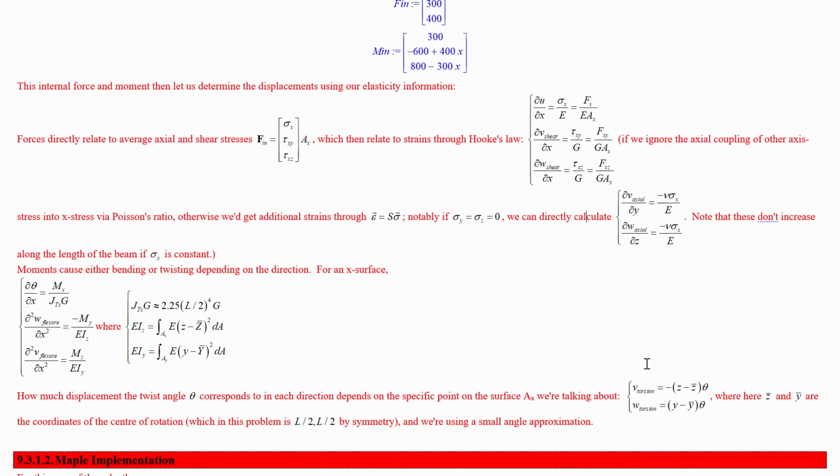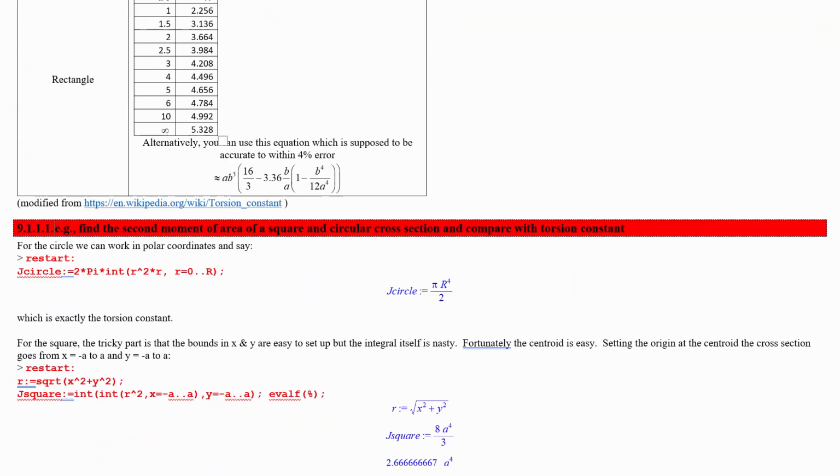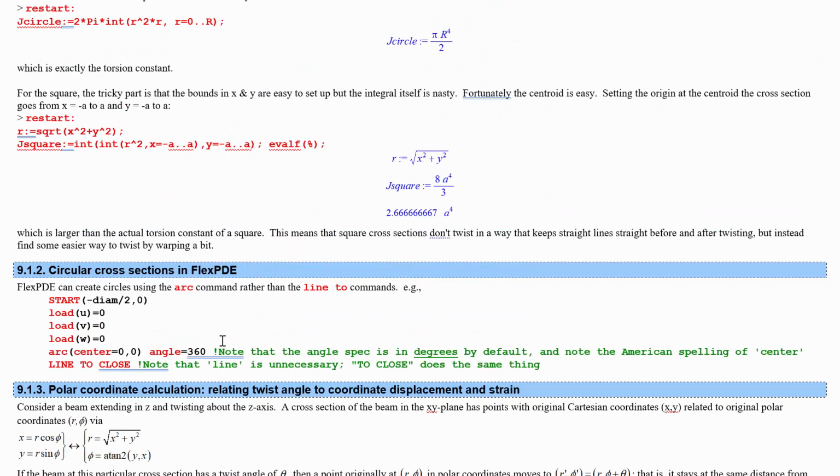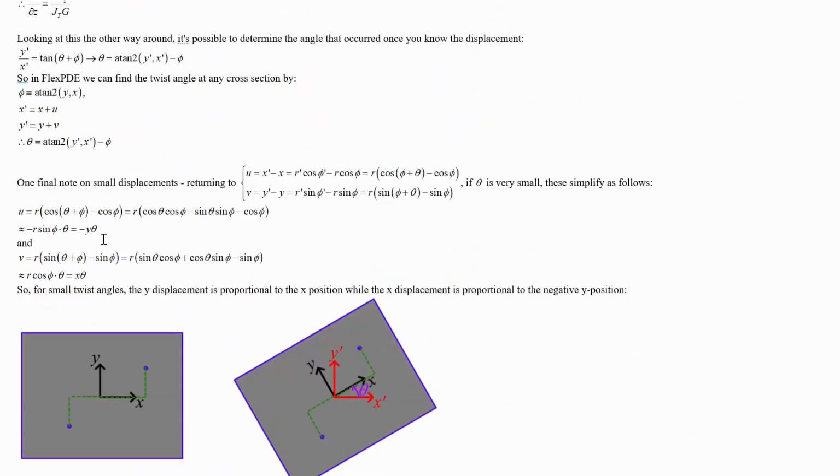This one is using that small angle approximation stuff we did at the beginning, which was, where was that? I think it was here, this section where we worked out the polar coordinate transformation. So the displacement in the right direction is based on negative the up amount times theta, and the displacement in the up direction is based on the right amount times theta.